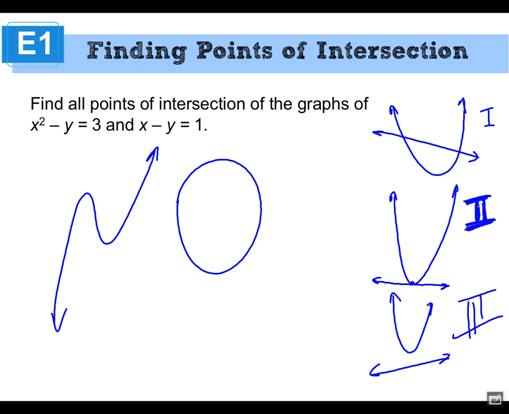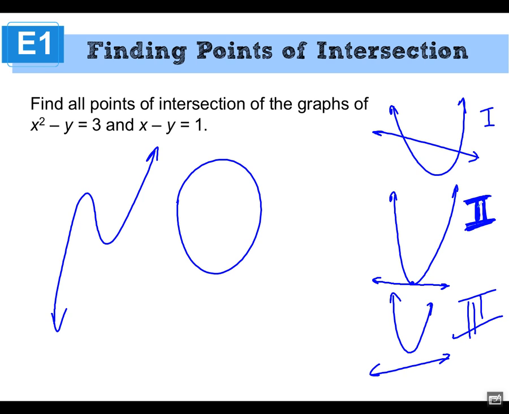How many different ways can those puppies intersect? I gave you 1, that's 0 intersections. Can you get 1 intersection? Yeah, move the circle over till it's just touching or tangent to the graph. Can you get 2? Yeah, move the circle over a little bit further so that line-looking thing goes through it. Can you get 3?